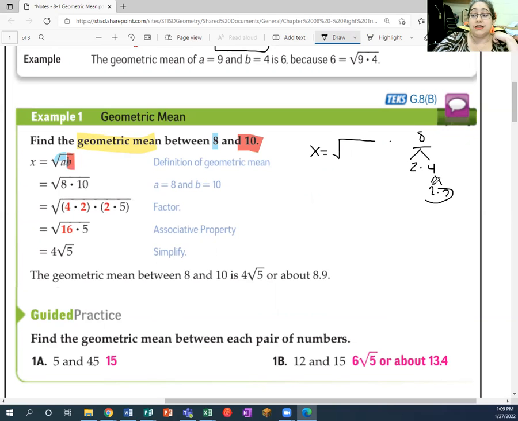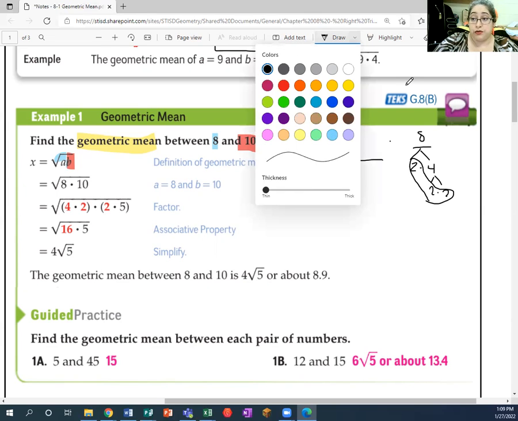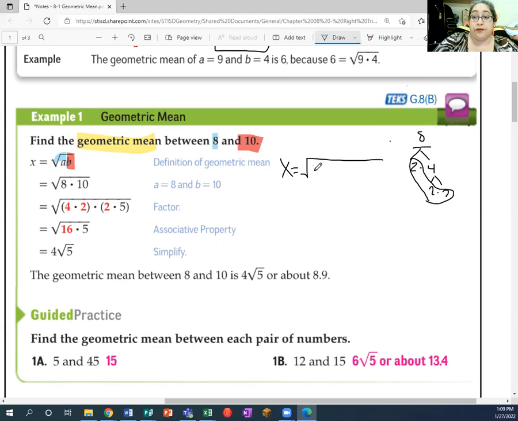So this list of numbers here are my prime factors of 8. Let me erase this real quick, give myself some more room. I'm going to think of that 8 as 2 times 2 times 2.